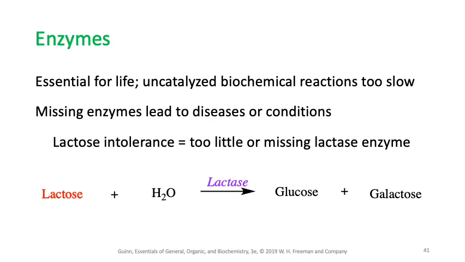So let's talk a little bit about enzymes. Enzymes are essential for life, like I told you, because enzymes are the biological catalysts and speed up several chemical or biochemical reactions in our body to sustain life, right? And why do we need enzymes in our body? Because uncatalyzed biochemical reactions are way too slow, and they won't provide enough energy to the body at the right time, right?